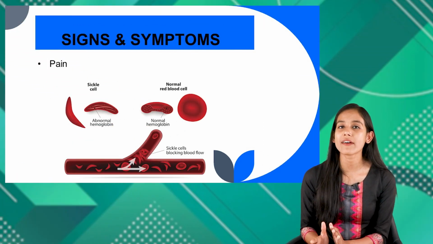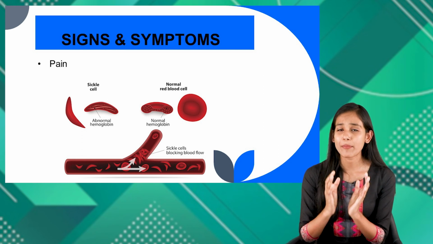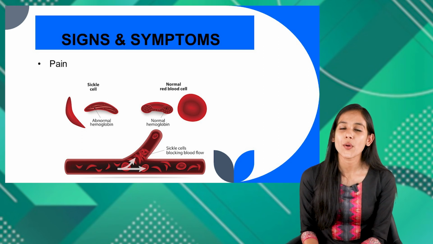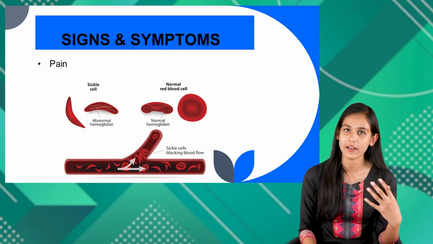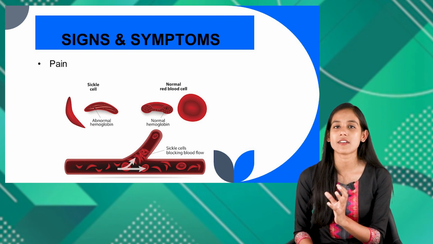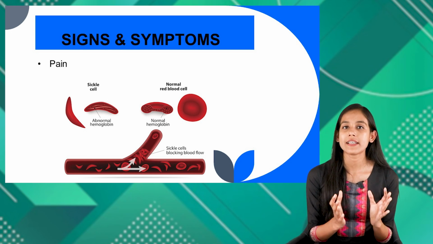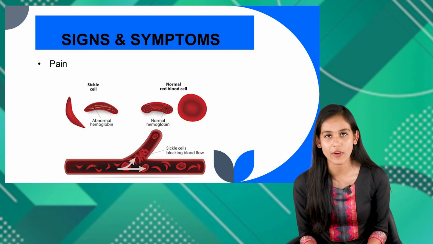Well, now here we have a picture where we can see the blood flowing through a blood vessel, right? Here we have both types of RBCs, that is a healthy RBC and sickle cells, sickle shaped RBCs. We have already learned the characteristics of both types of RBCs, right?